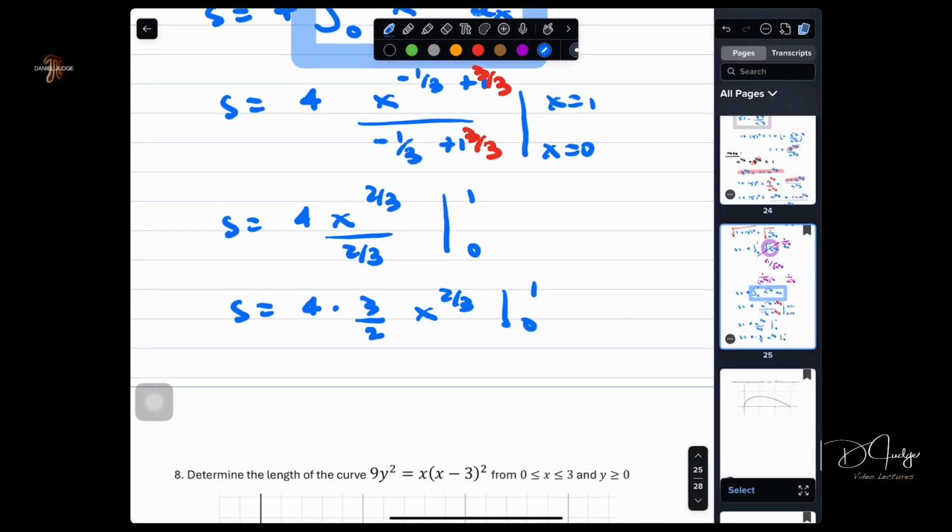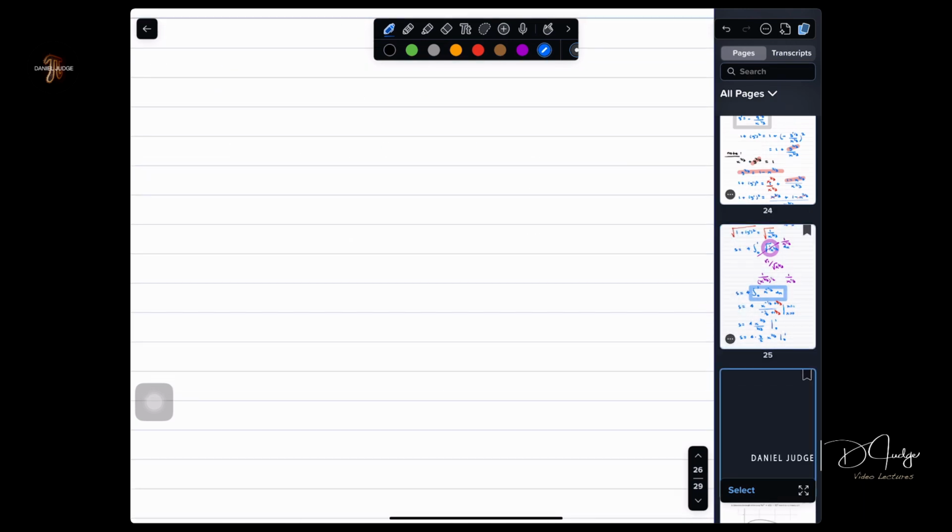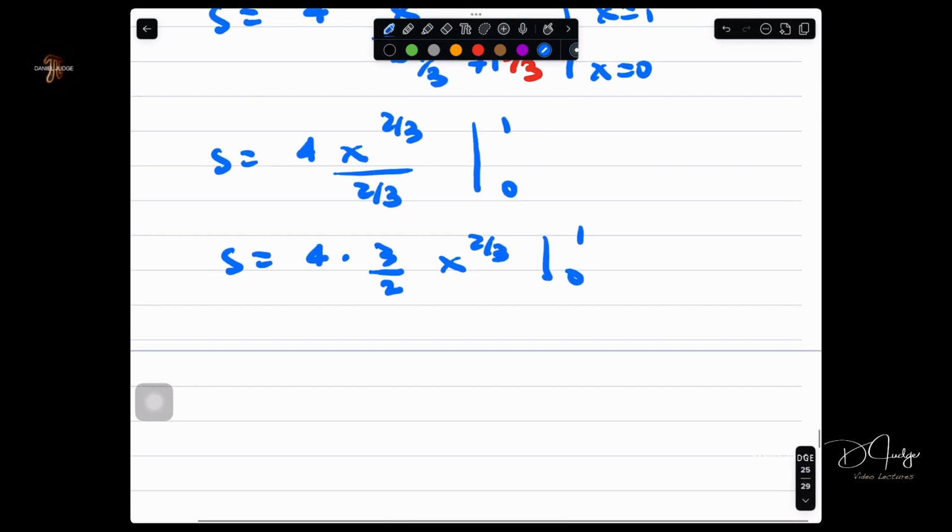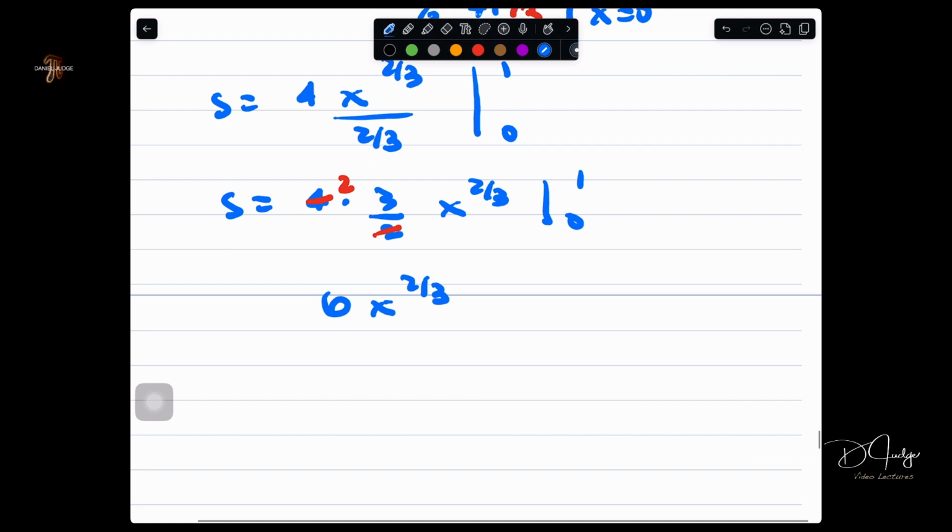We're going to need more paper. So, looks like we get 2 times 3. This is 6 x to the 2/3 from 0 to 1.